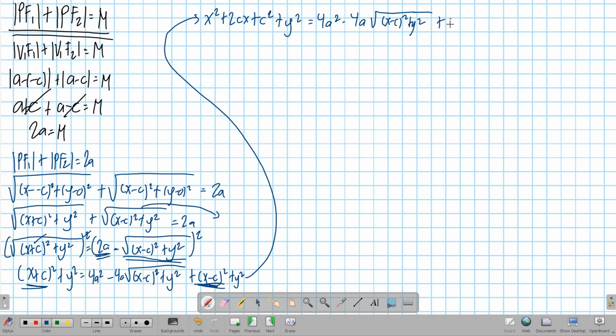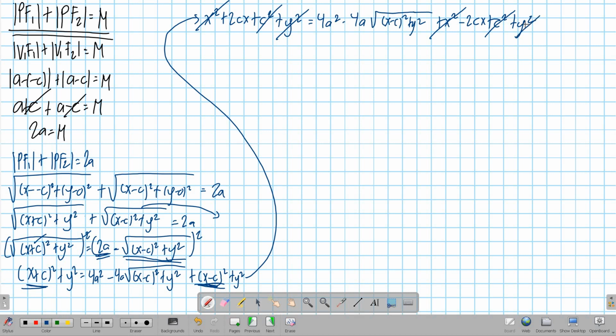So this becomes plus x squared minus 2cx plus c squared plus y squared. In algebra, if we have the same terms with the same sign on opposite sides of the equation, we can cancel them because once we transpose one to the other side, the difference will be 0. So we can cancel x squared, we can cancel c squared, we can cancel y squared.